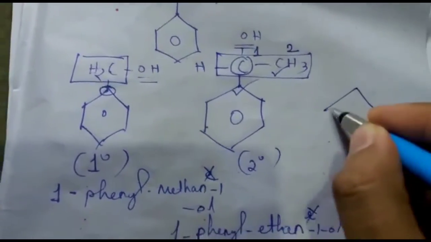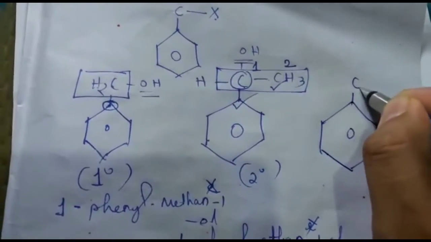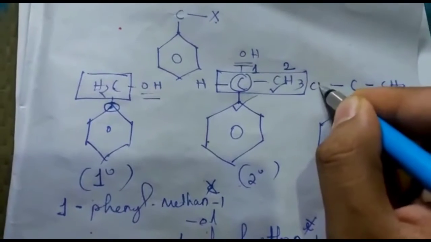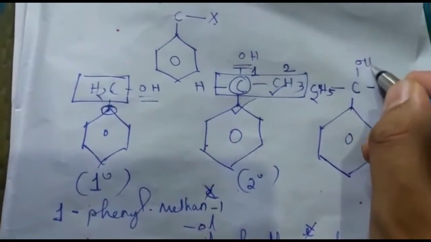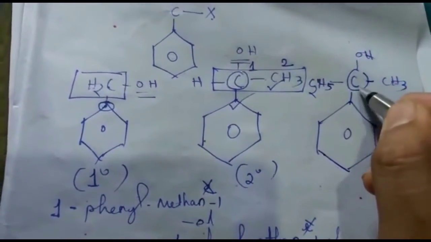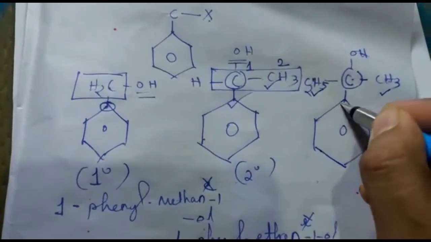Now come to the 3 degree. So here this one is the main carbon. Suppose it is CH3, it is C2H5, here it is OH. Now see, this one is the main carbon, and this carbon is attached with 3 carbons, 1, 2 and 3.